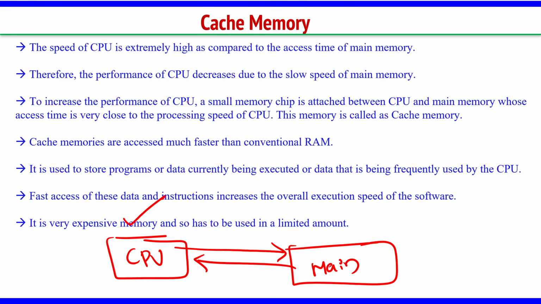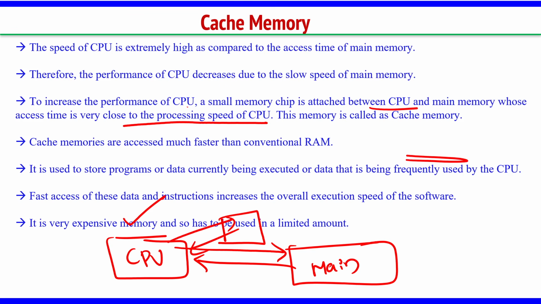To increase the performance of the CPU, a small memory chip is attached with the CPU. Here only we are attaching one small chip along with the CPU, which is between the CPU and main memory. So it is somewhere here, in between the CPU and main memory, whose access time is very close to the processing speed of the CPU.